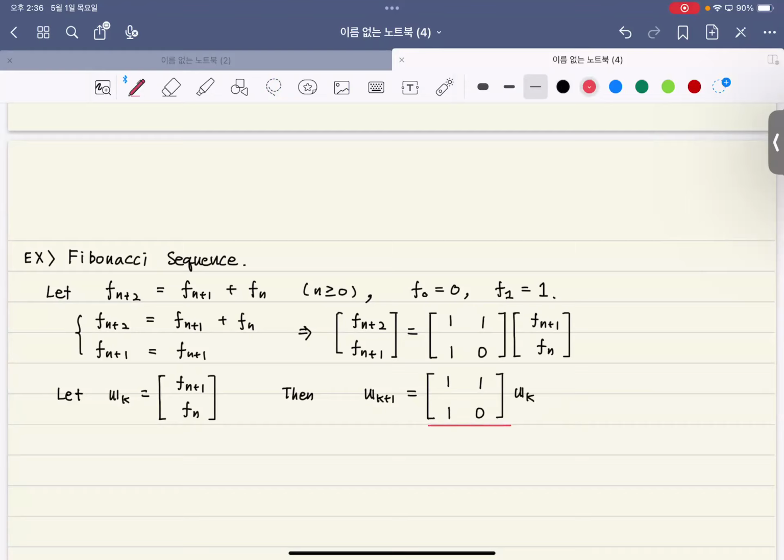For convenience, I will call this matrix A. So I will try to solve the system of difference equations of degree 1, and once I solve it, I will choose only the second component of UK. Then that will be the solution of my original problem.